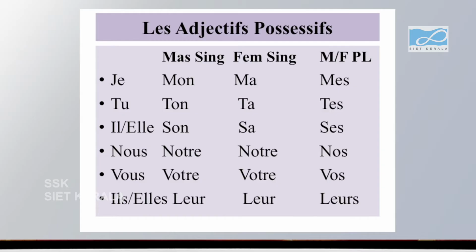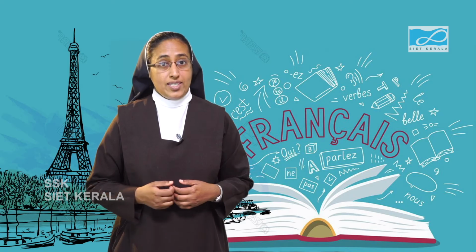Ton and ta and votre both mean your, but ton is for the singular form, whereas for vous, you give more respect. So votre, vos is your, leur, and leurs with s is their and theirs. We will try to understand this more as we move on to the next slide to do sentences.